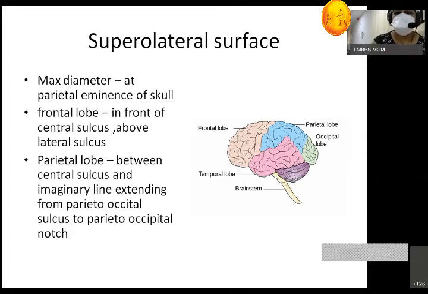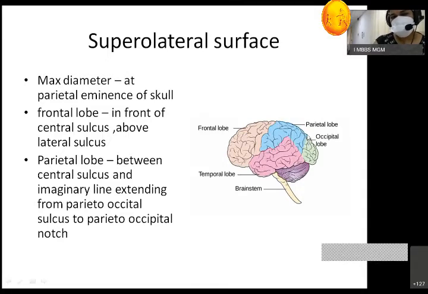So the frontal lobe is actually present in front of the central sulcus, and above the lateral sulcus. The coronal suture is not at the level of the central sulcus; it's actually in front of it. Then the parietal lobe lies behind the central sulcus, and there is a small notch called the parieto-occipital sulcus.